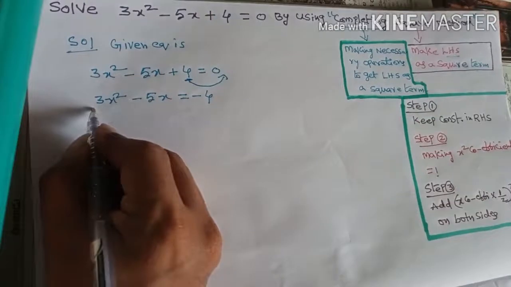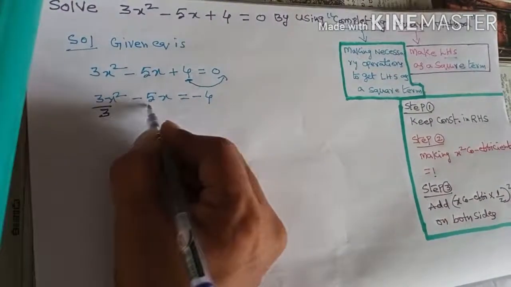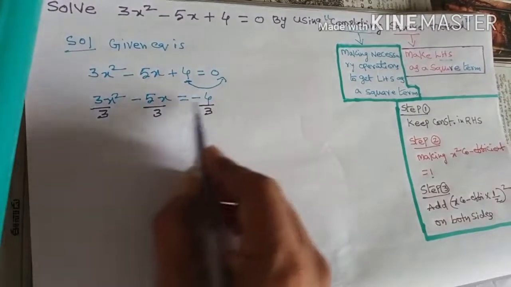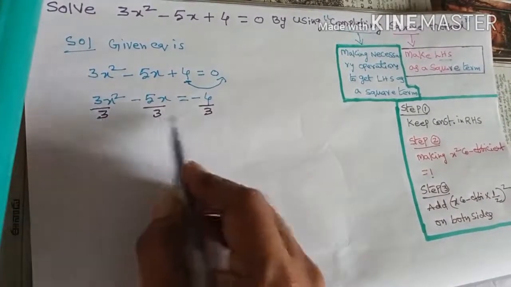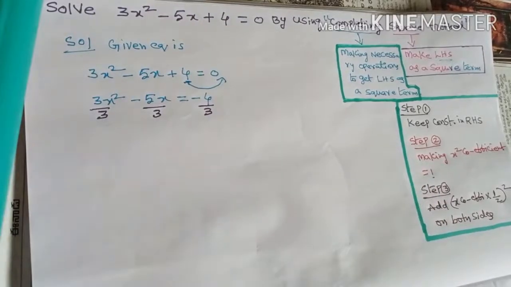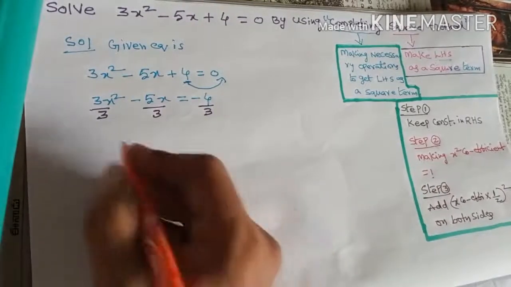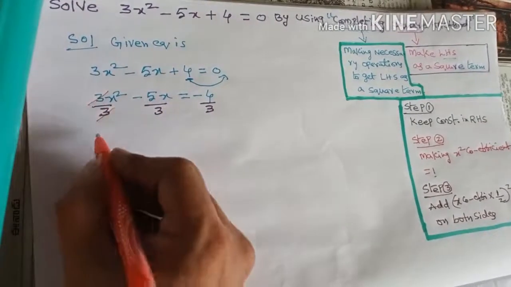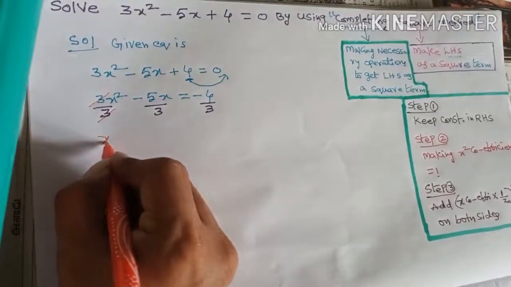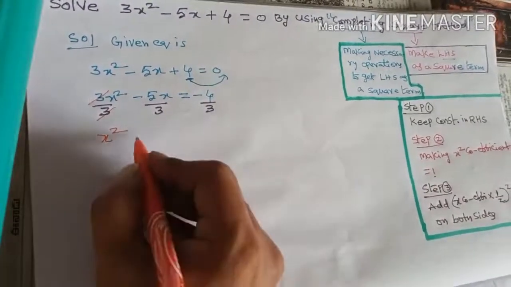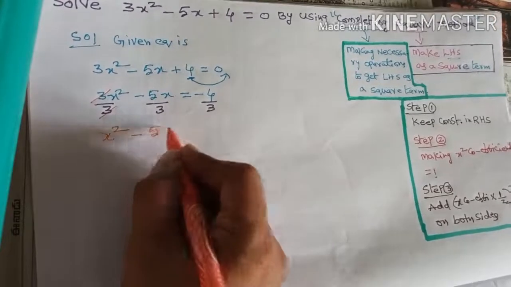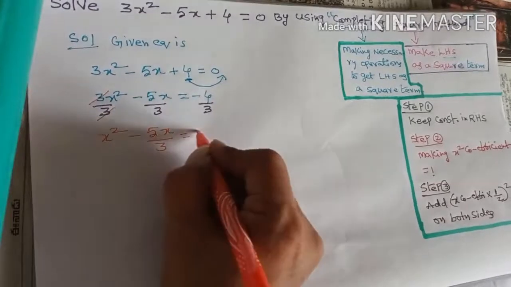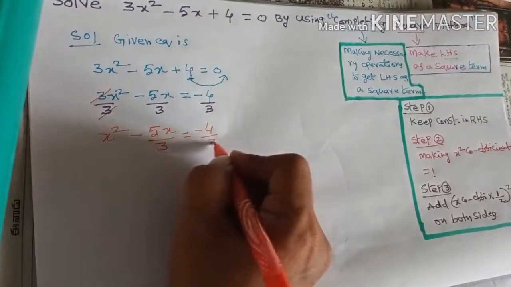By dividing by 3, throughout the equation. Therefore cancellations are going on, and you have x square minus 5x by 3 is equal to minus 4 by 3.